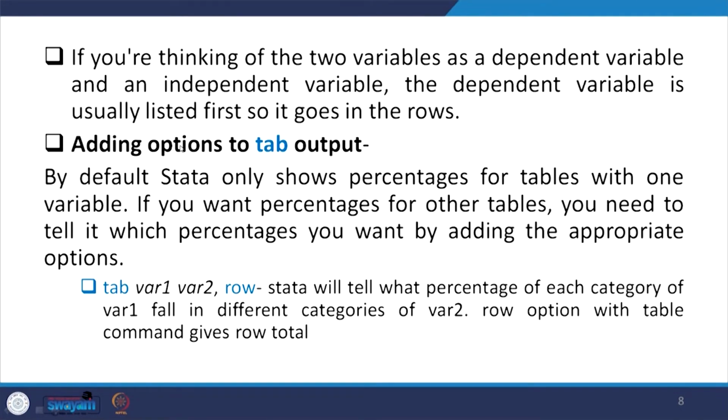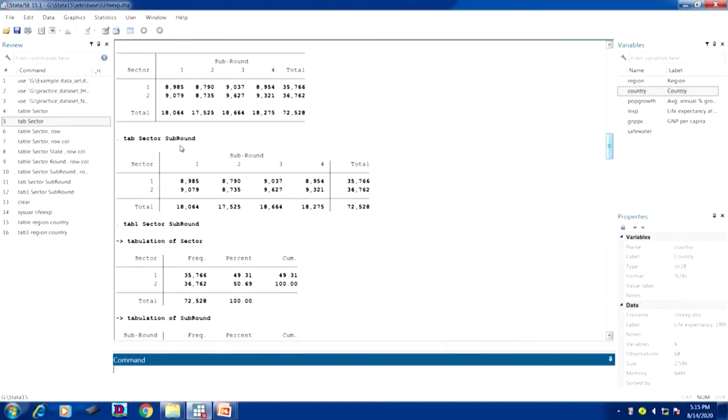Suppose what we have done so far, we only showed you the frequencies through the table command or through the tabulate command. But now we are going to show you the percentages row-wise or column-wise.